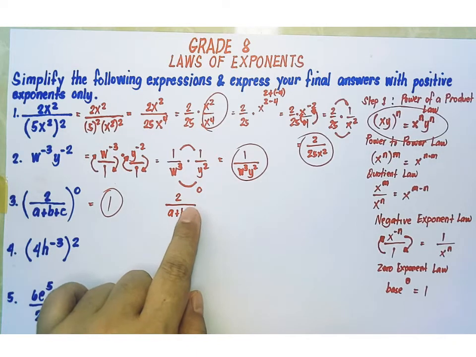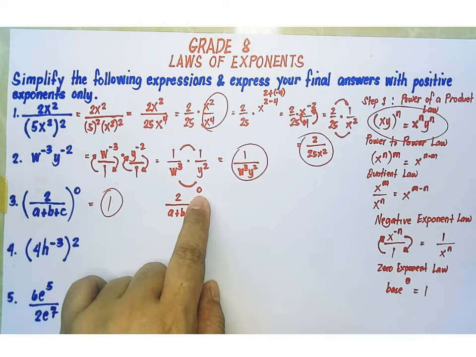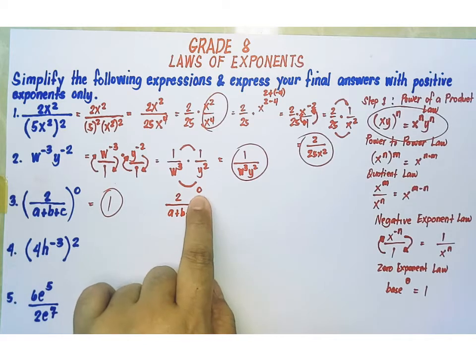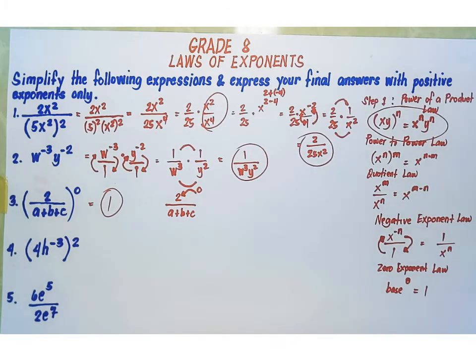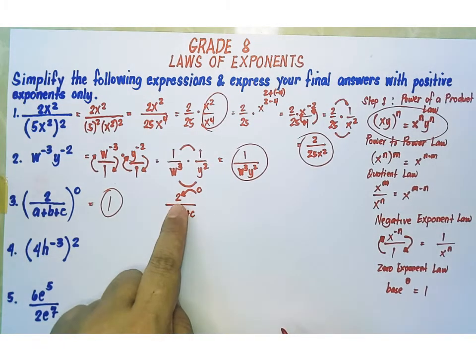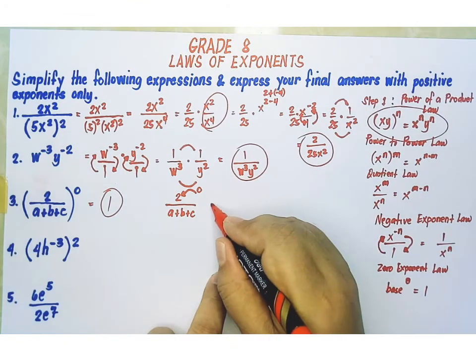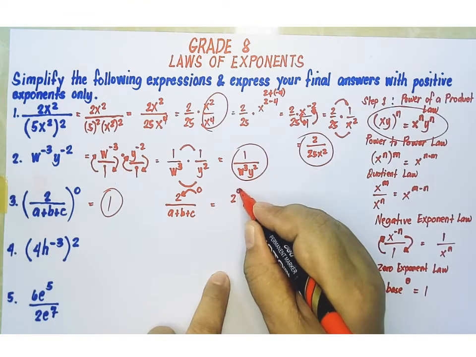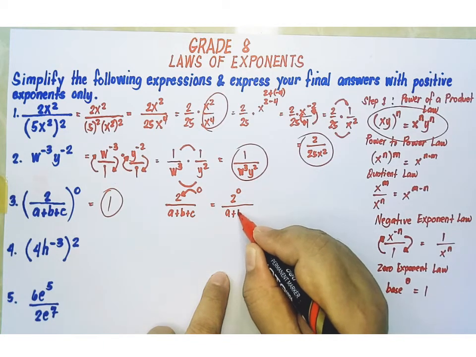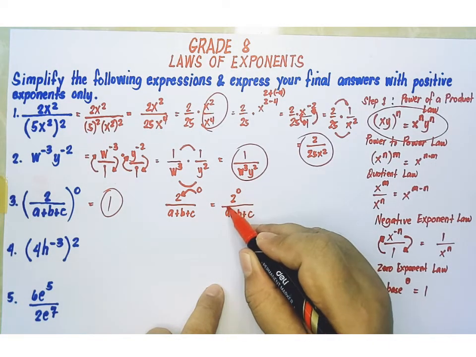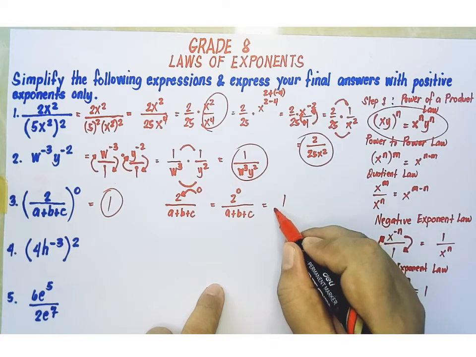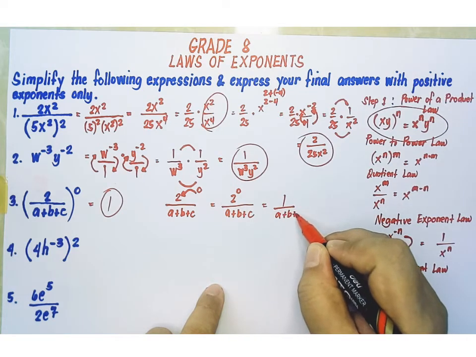Pag nawala ang parenthesis, the owner of exponent 0 is the term or the number to its immediate left. So, since nandito, ang may-ari lang sa kanya is the numerator. So, ang magkakaroon lang ng value na 1 ay ito, the numerator. Parang ganyan yan. 2 raised to 0 equals 1 by zero exponent law, so the result is 1 over a plus b plus c.